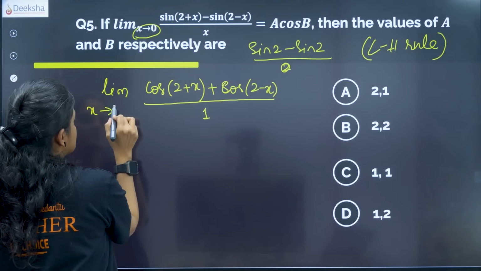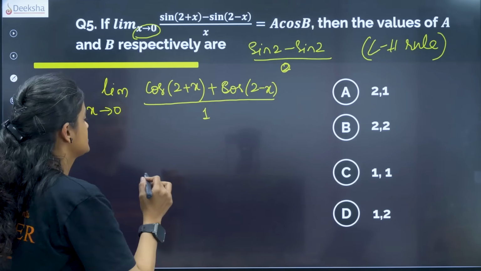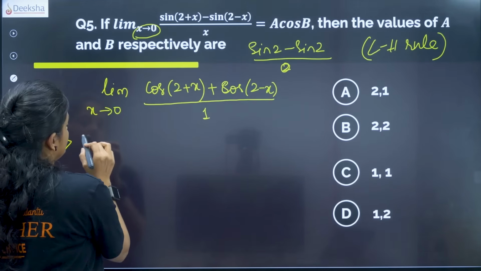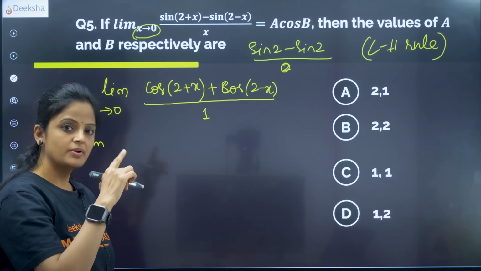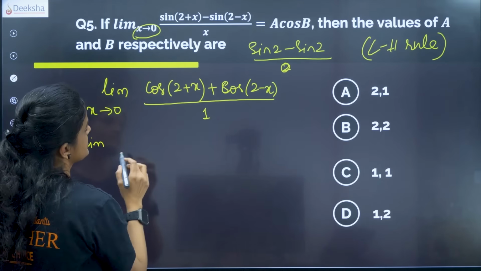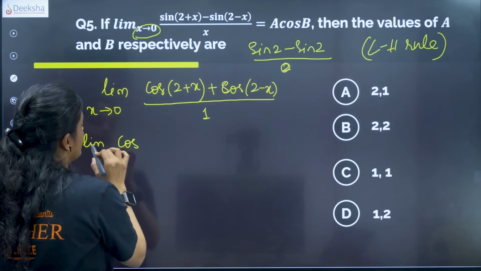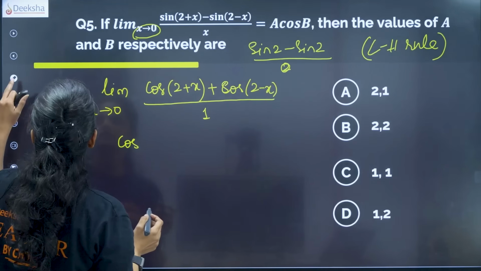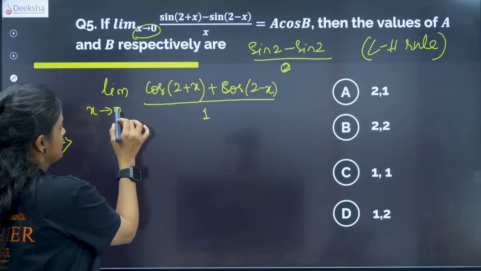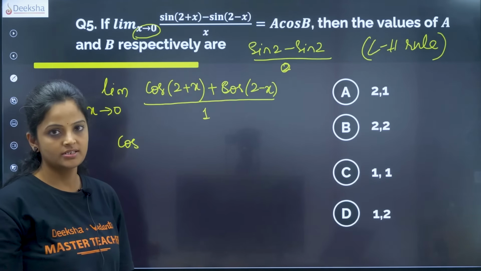Put the limit as it is. Okay, now what is this? Equal to limit of cos of 2 plus x plus cos of 2 minus x, right? Can I substitute the limit here? We'll do that here only in this step. Put x as 0 in this step.